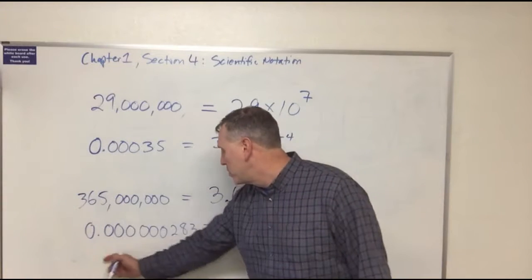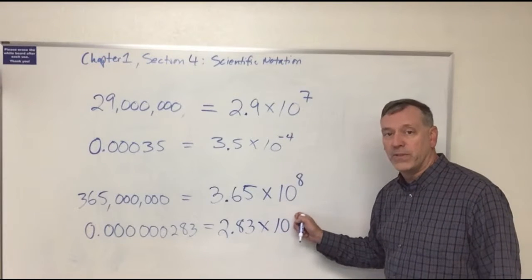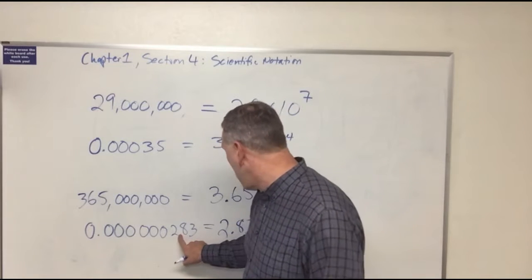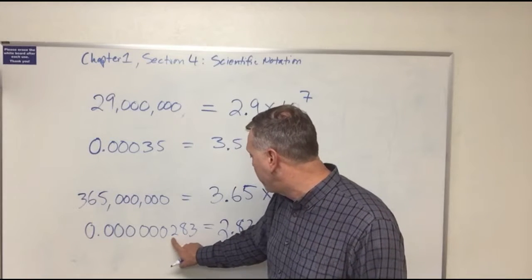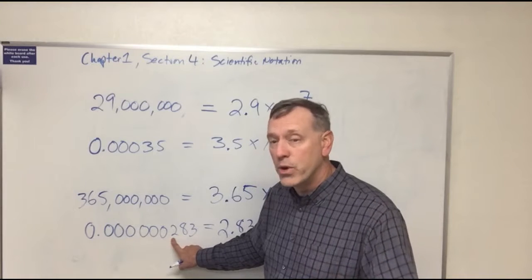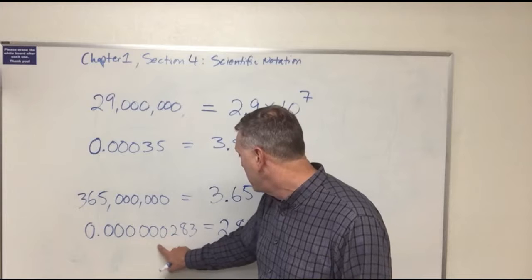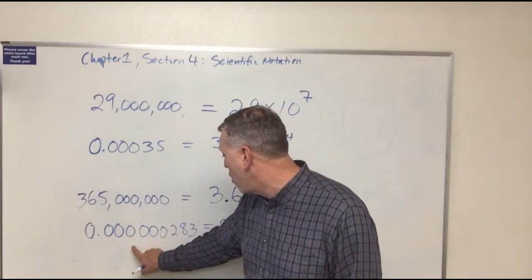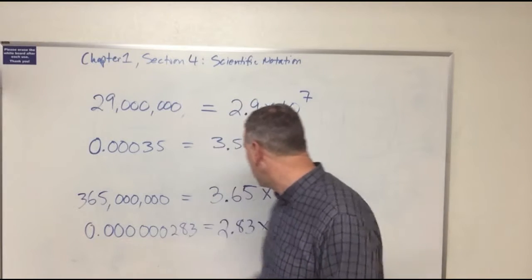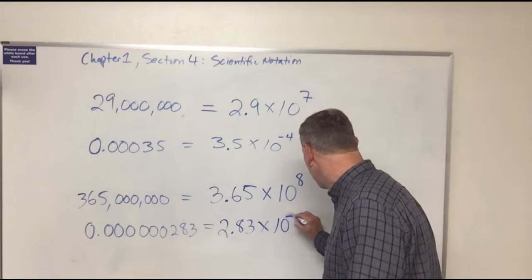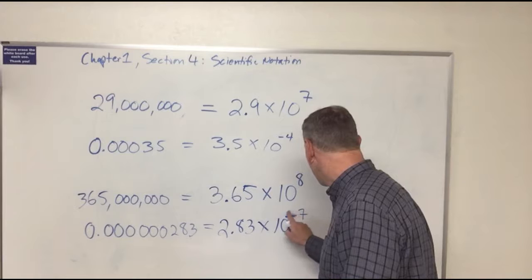Now this number is less than 1, so this is going to be a negative. It's going to be a negative, right? Okay, so here we go. So we're going to count from that spot between the first or lead non-zero number 2 and that 8 there, right there. We're going to count 1, 2, 3, 4, 5, 6, 7. 7 times. That's minus 7.